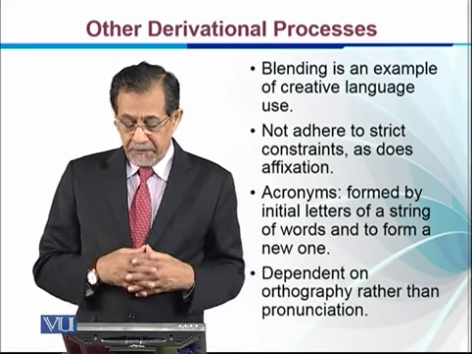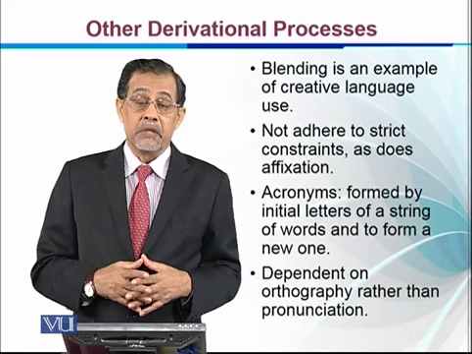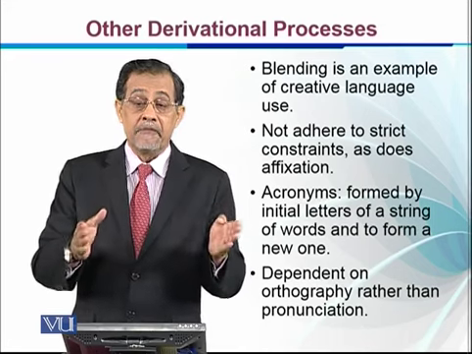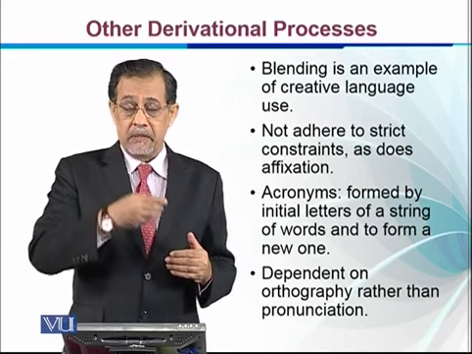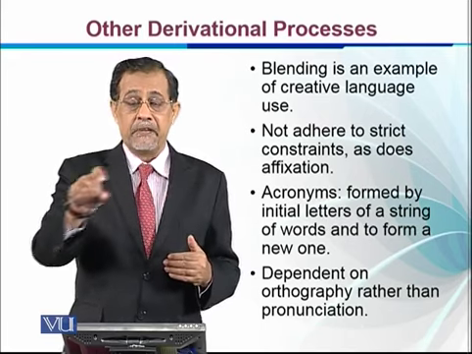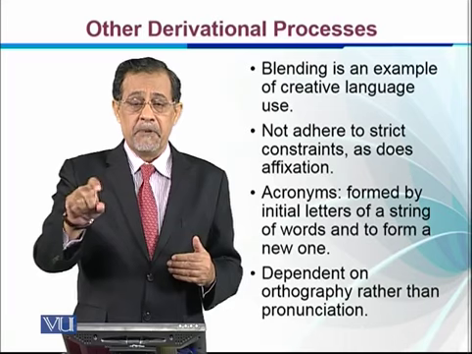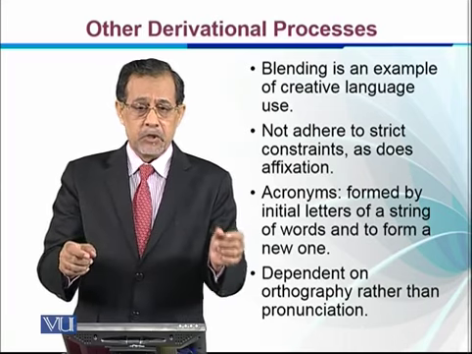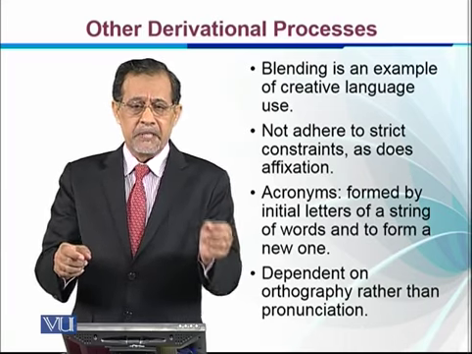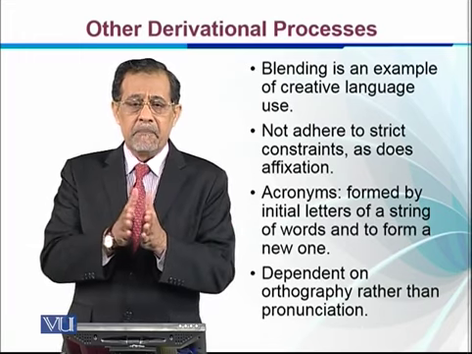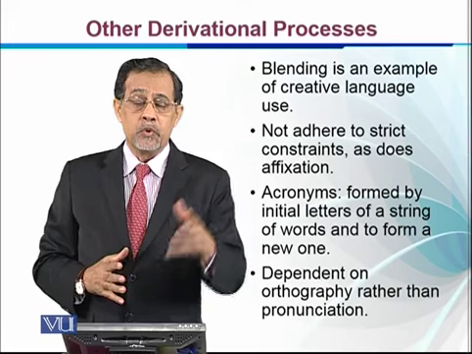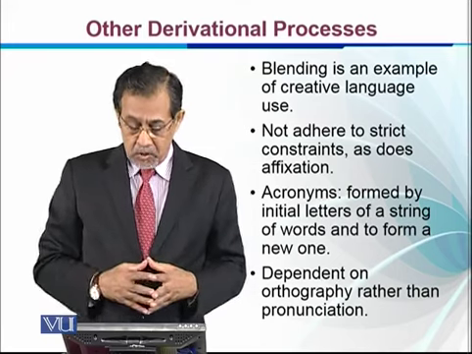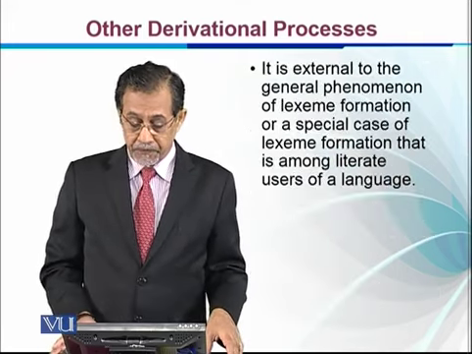It depends on orthography rather than pronunciation. Obviously, we have this process through the writing system, because we have a word written before us and we take the initials, or the first letter of the word, and then make an acronym. It has nothing to do with speaking or with pronunciation.